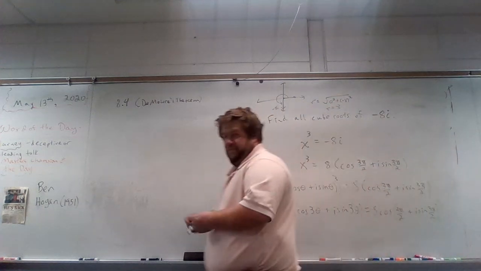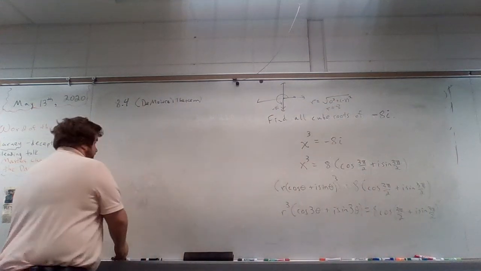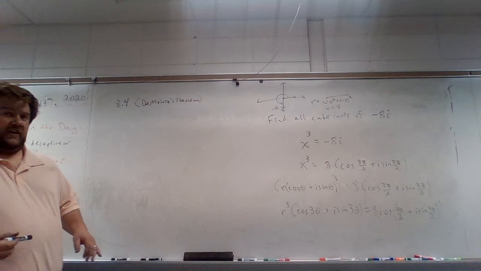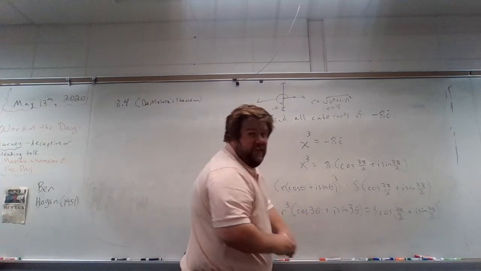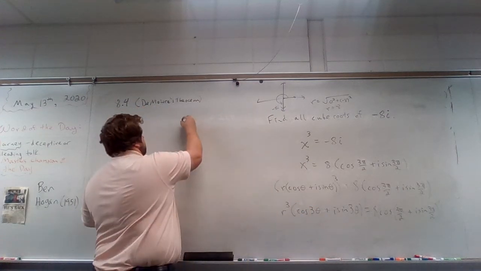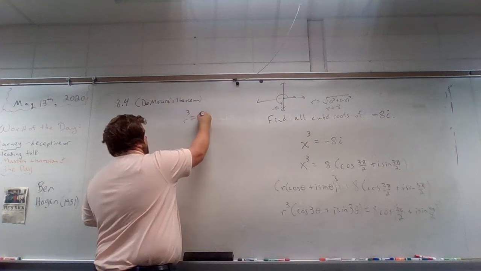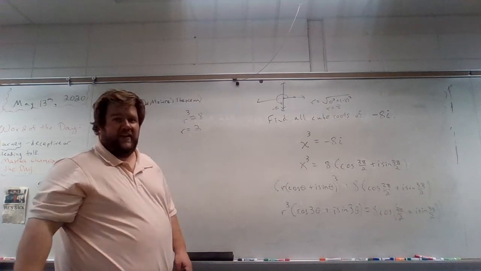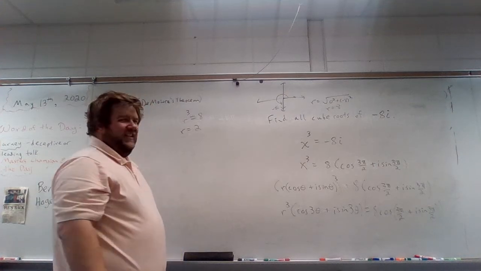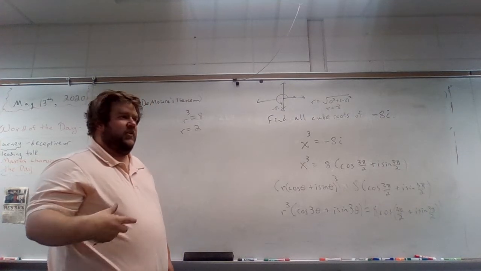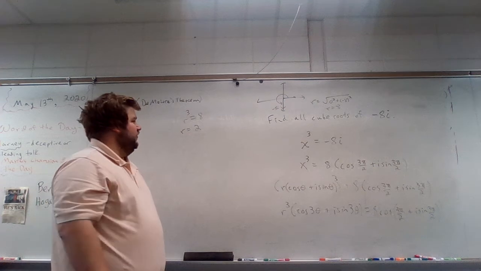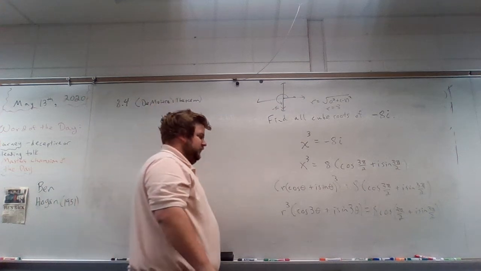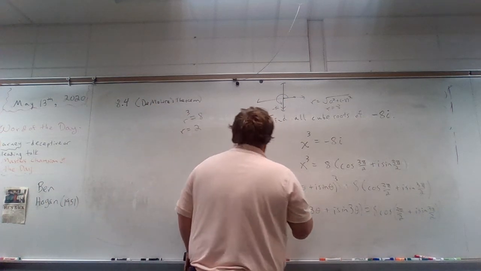Okay, now what? Well, I do the same thing that we did in the last one. I need this r cubed to be 8. r cubed has to be 8, so really r is 2 if I take the cube root of 8. That's the positive real number, the modulus. So that is 2. And then I look at this, 3 theta.